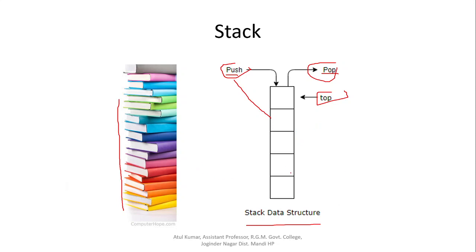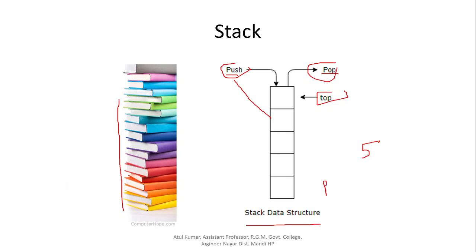Suppose in the starting the stack is empty, and its size is 5. Suppose we want to insert a new item in the stack. By the push operation we can insert a new item.